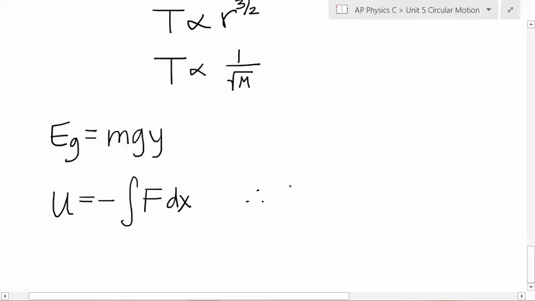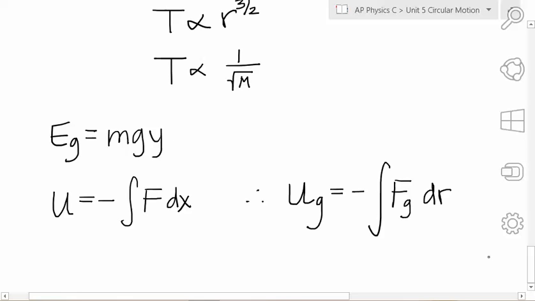So that means that I could find gravitational potential energy, and you can call it E sub g if you want to, as being the negative integral of the gravitational force times dr.